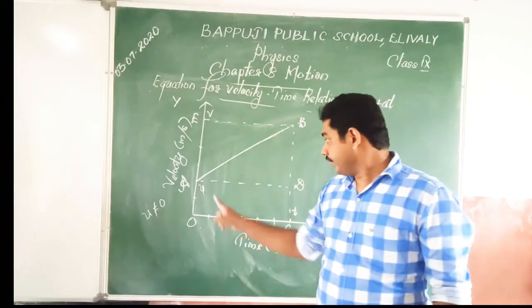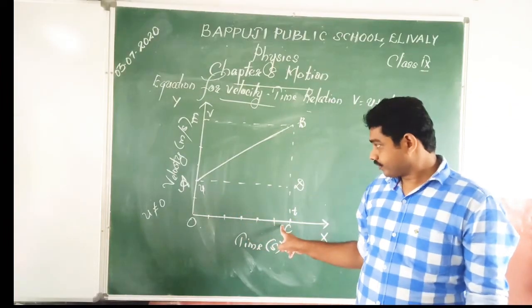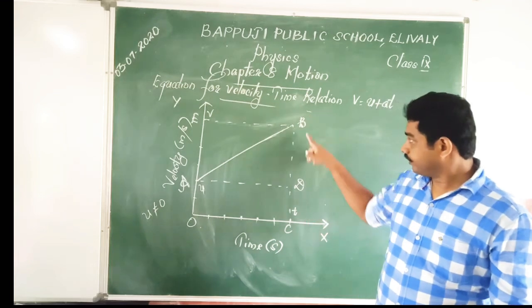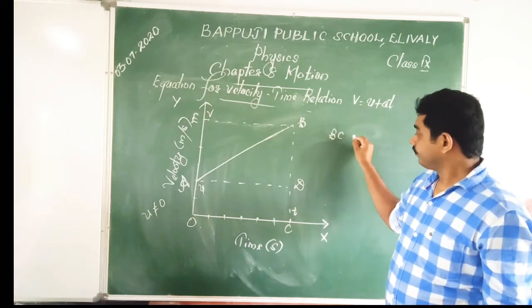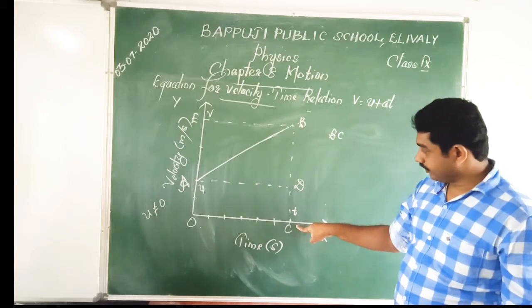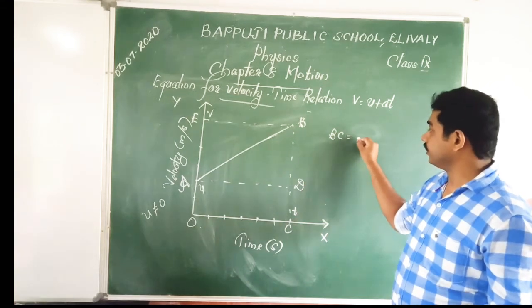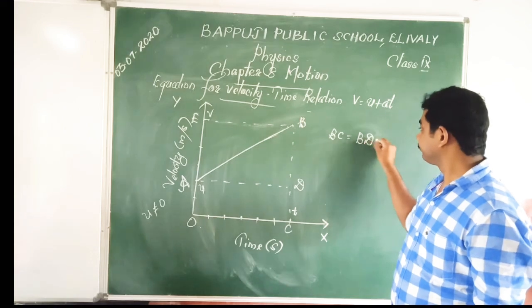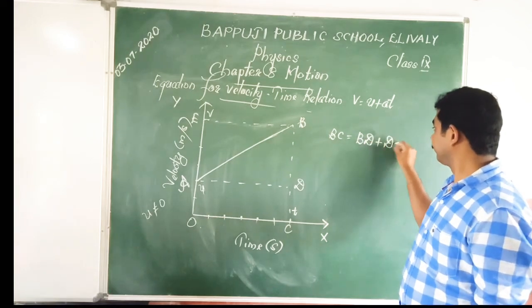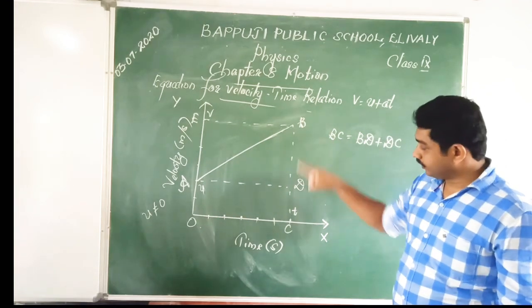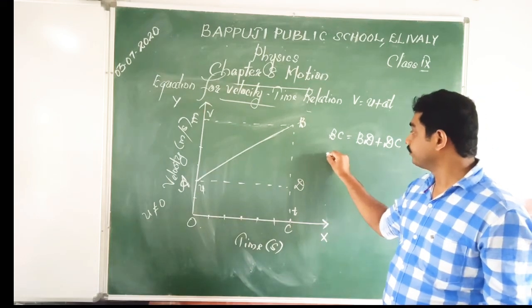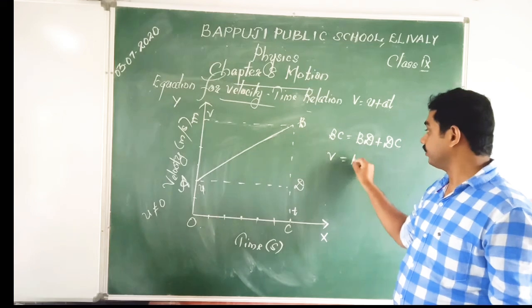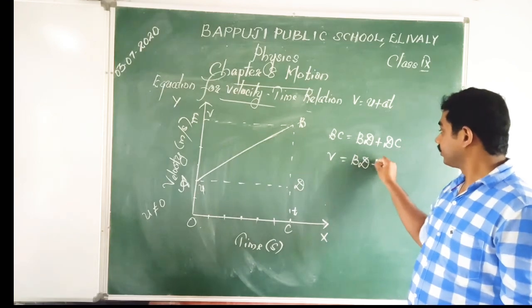Let us draw AD parallel to OC. From this graph, we observe that BC is equal to BD plus DC. BC means final velocity, denoted by small letter v. It is equal to BD plus DC.